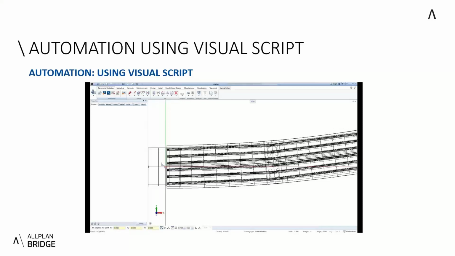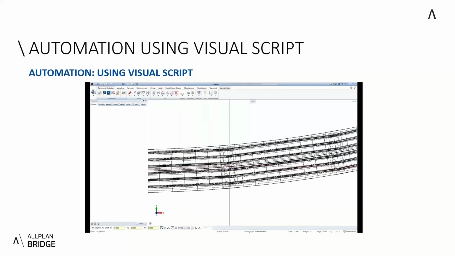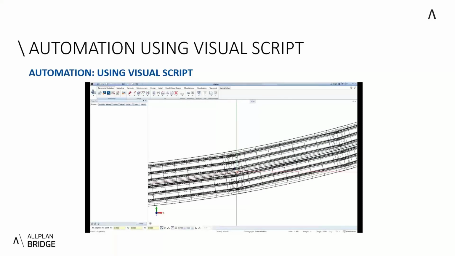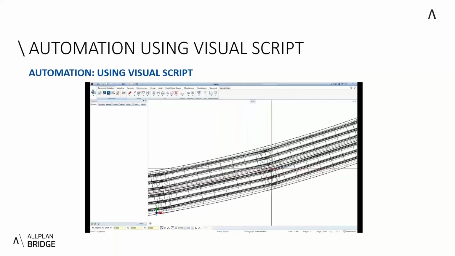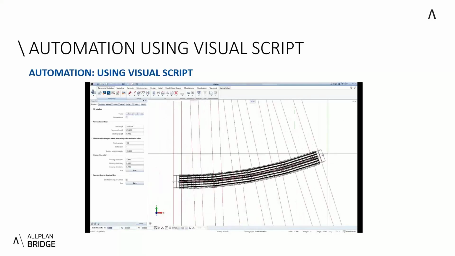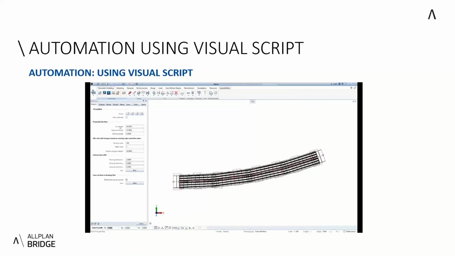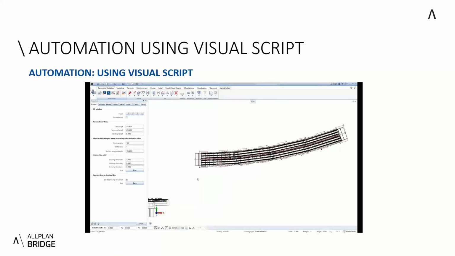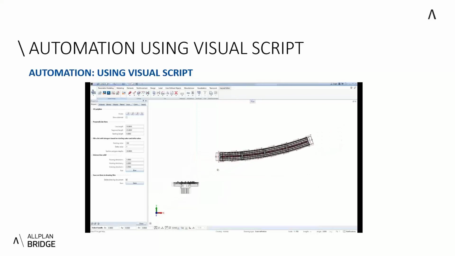So this is the Visual Script, it's already running. As you can see, it's already prompting me to draw the line. Here I am drawing the line which goes along the main axis of the bridge, and based on that line a rectangular red box has been created which has different inputs, so I have changed those as well. And finally I run the script and I was able to generate section views.